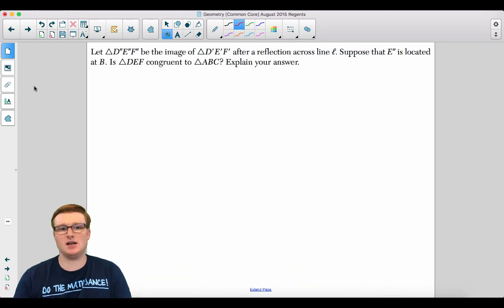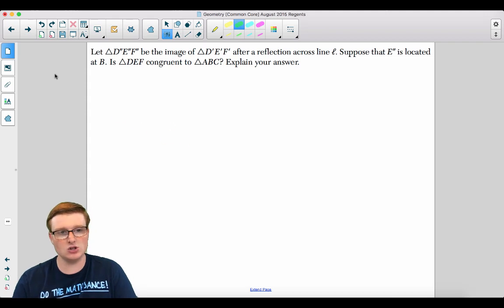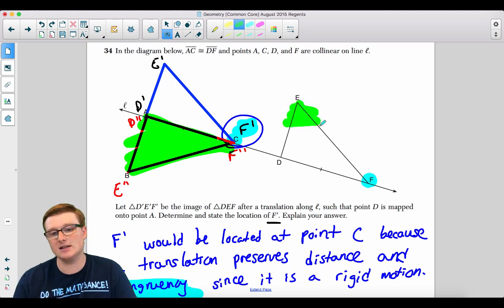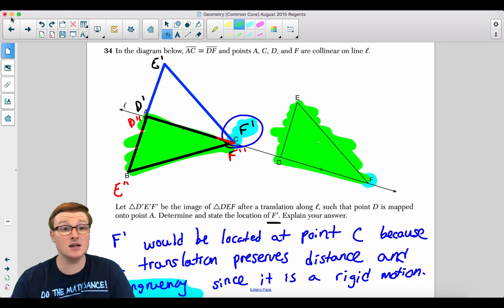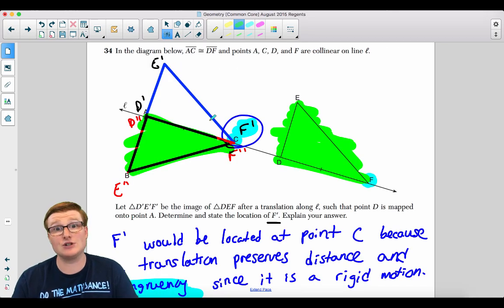Now it's saying, is triangle DEF congruent to triangle ABC? So is this triangle down here, which is triangle ABC, congruent to this one? And you should be screaming in your head, yes it is. Yes it is. Because there was a sequence of transformations that are rigid motions.